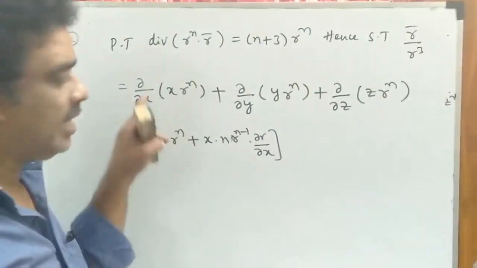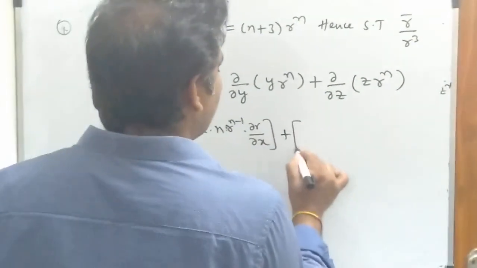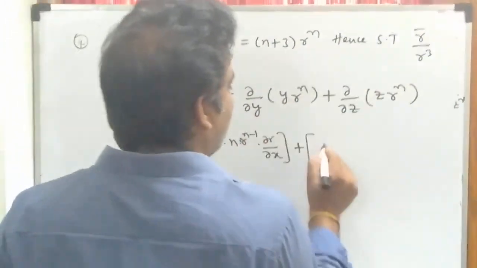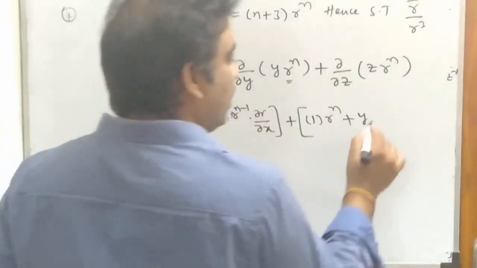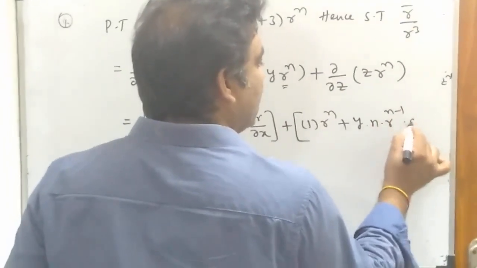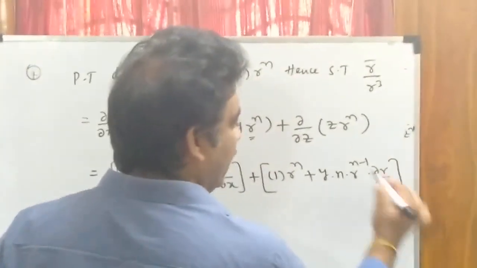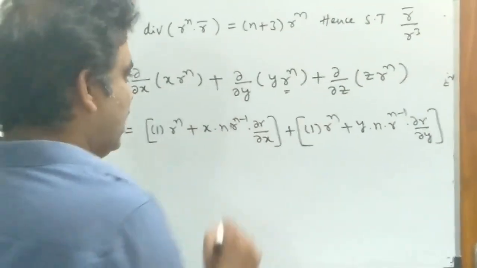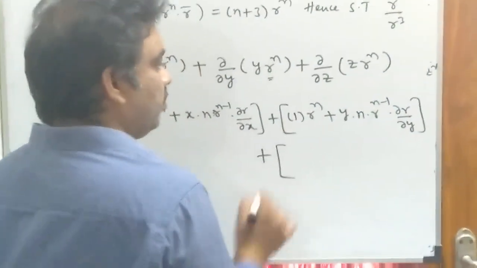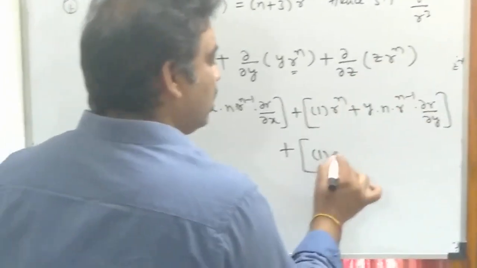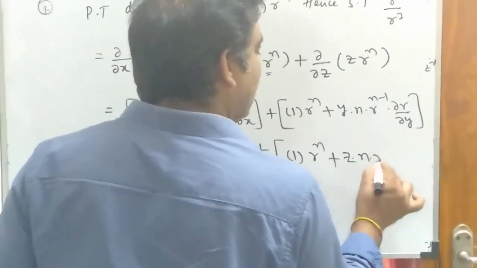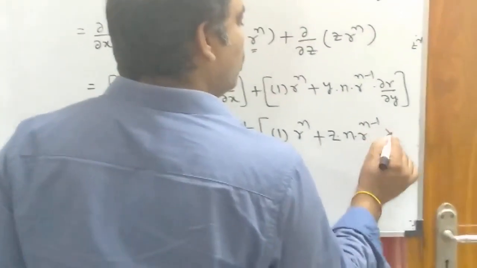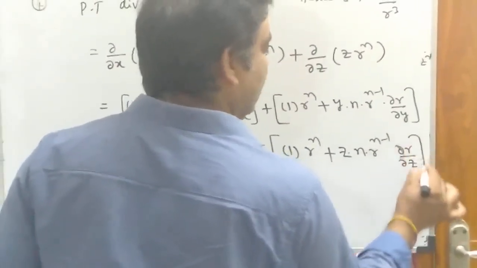That is the first term partial derivative. Similarly, the second term: ∂/∂y of y gives 1 into r power n as a constant term, plus y into n into r power n minus 1 into ∂r/∂y. Similarly, the third term: z derivative gives 1 into r power n, plus z into n into r power n minus 1 into ∂r/∂z.